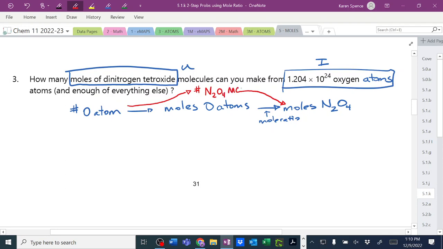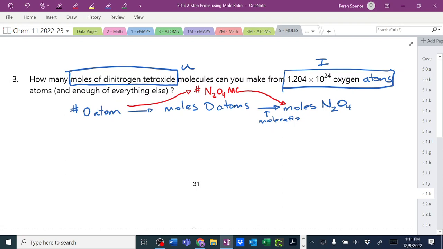And from the number of N2O4 molecules, you could go to the moles of N2O4. It's really going to be your choice which direction you choose to go. Which one makes more sense to you? Which one's easier? Maybe, you know, which one makes you feel happier that day? Okay. But either way, it will work.